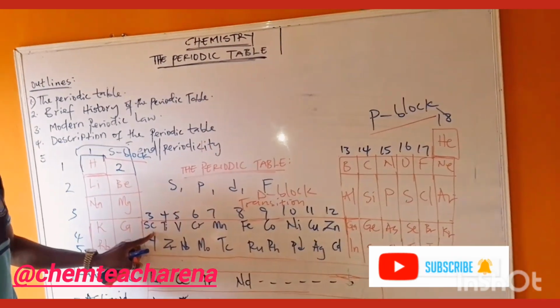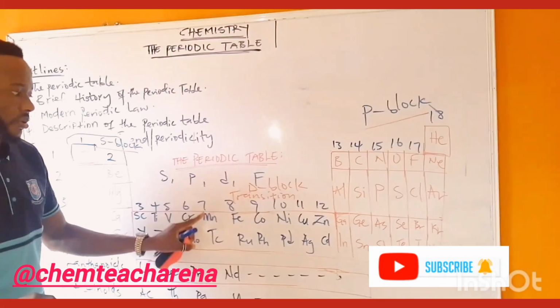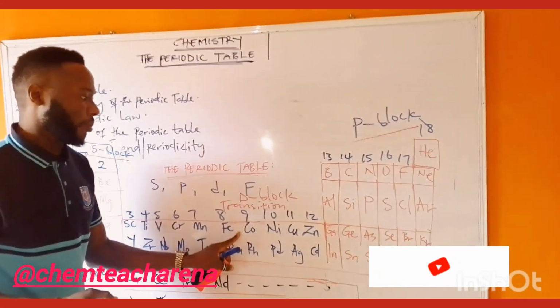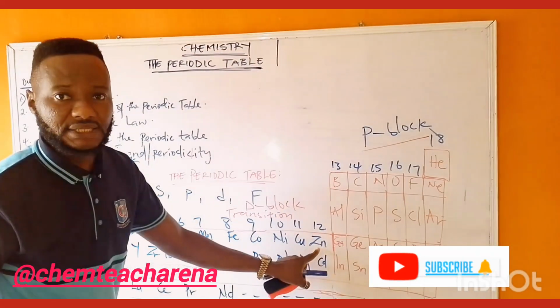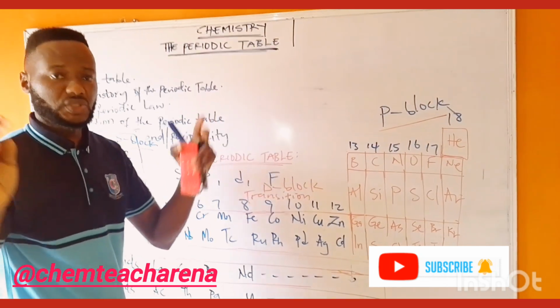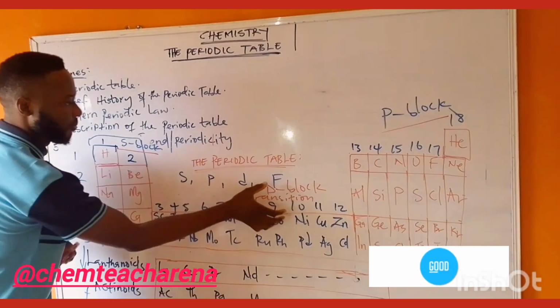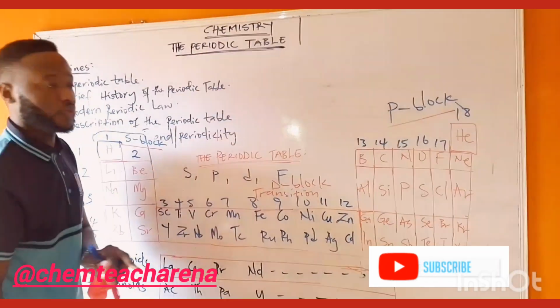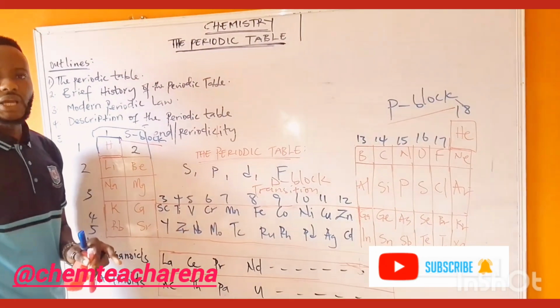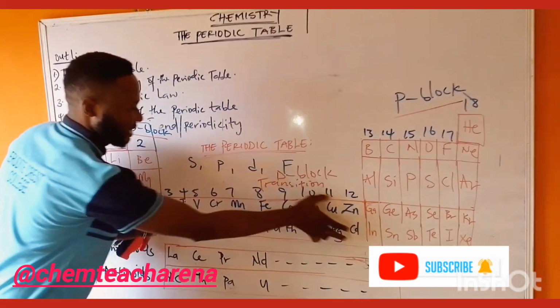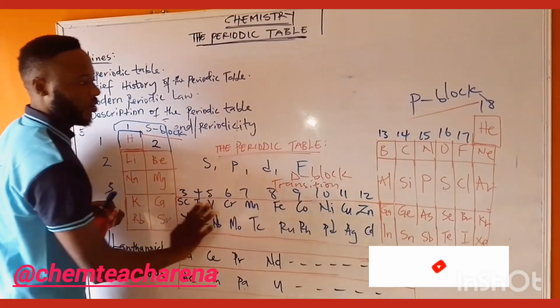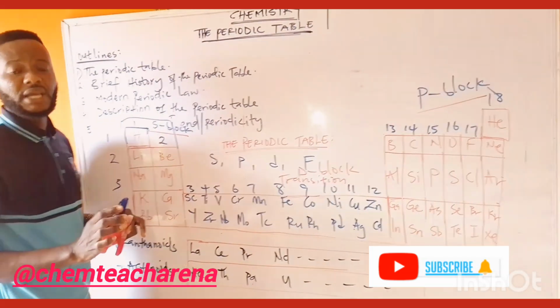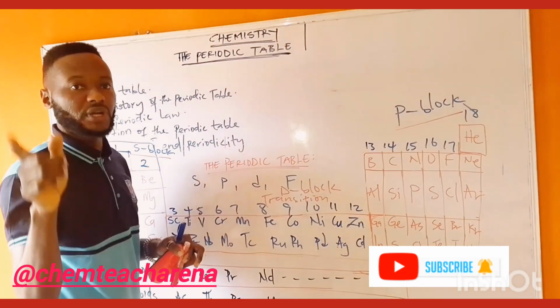So we have scandium, titanium, vanadium, chromium, manganese, iron, cobalt, nickel, copper, and zinc. That is the first transition series. If your school asks you to give 2 examples of D block elements, all the elements here written in blue ink are transition elements. And transition elements are the D block elements.